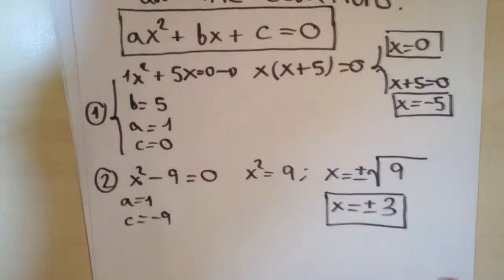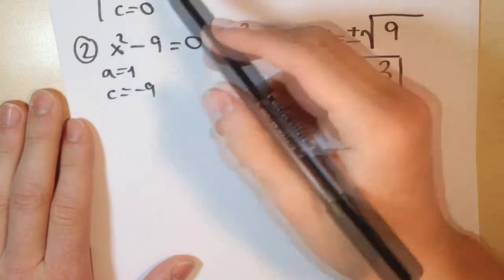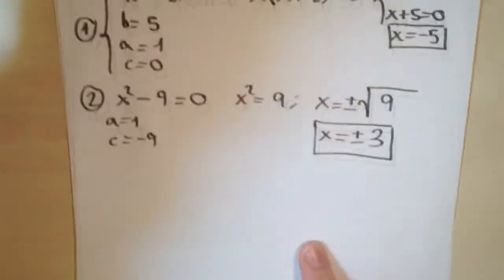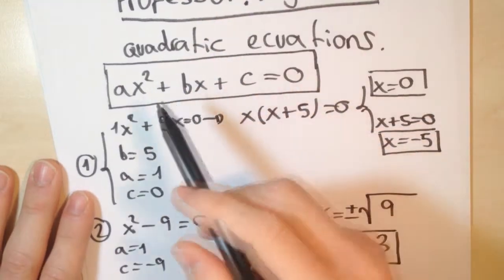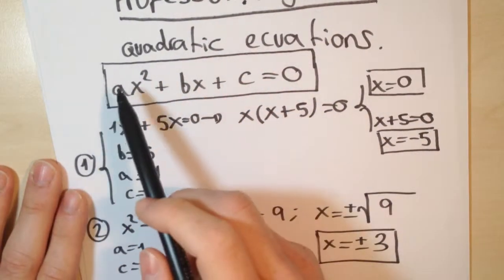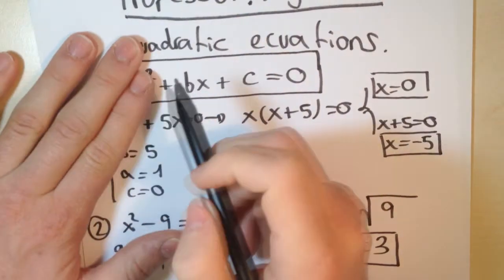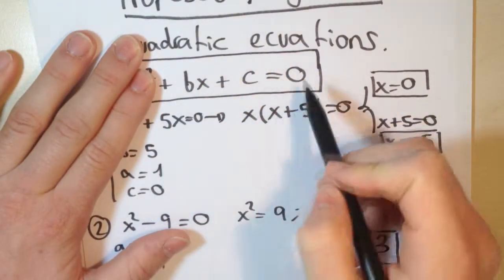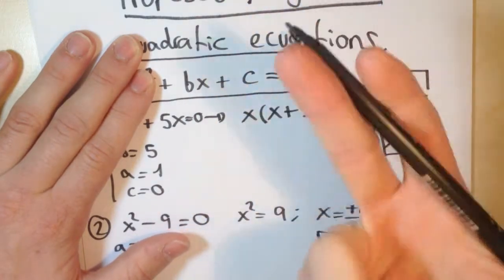And then the last situation is we have all these letters, because if a would be 0, this would not be a quadratic equation. You see, this would be just a first order equation.